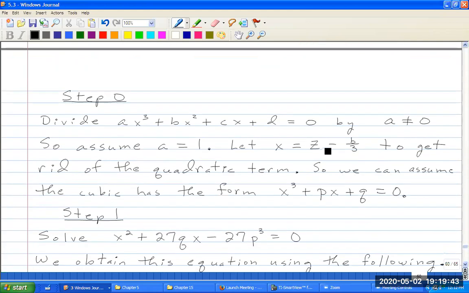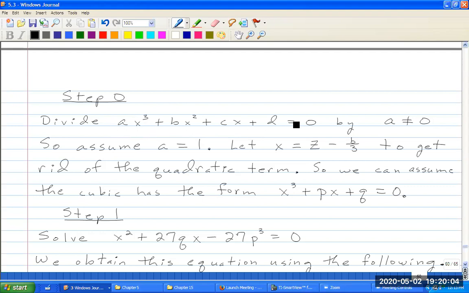So step 0. Divide. Suppose you have some cubic, ax cubed plus bx squared plus cx plus d equals 0. First, divide by a, so that I can assume that my polynomial is monic.